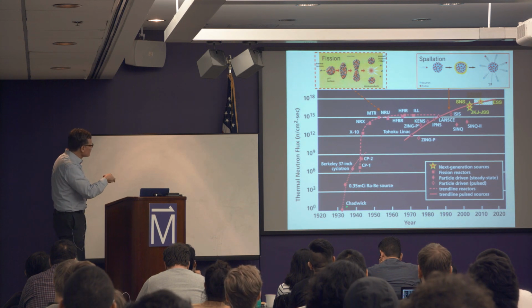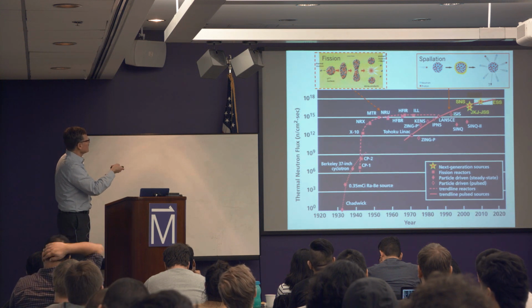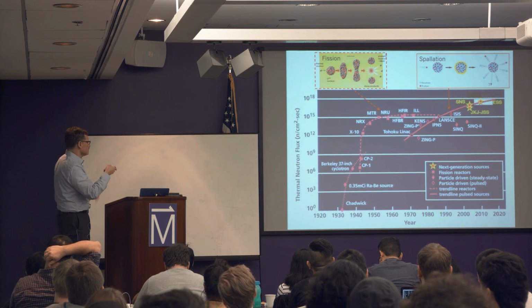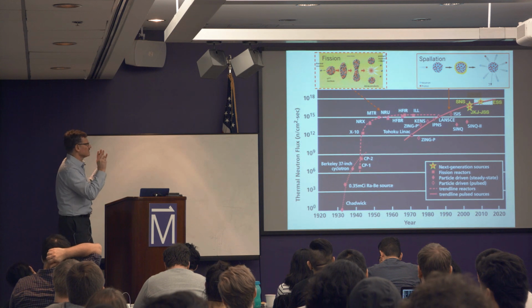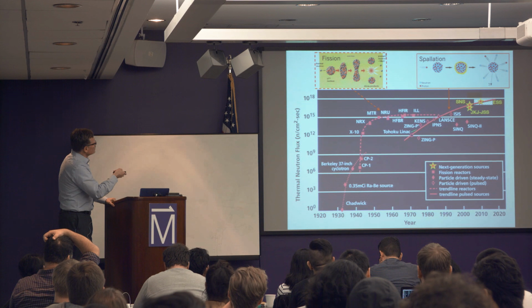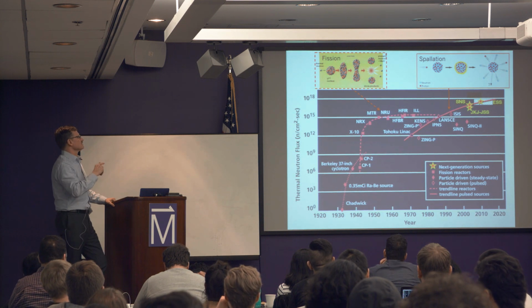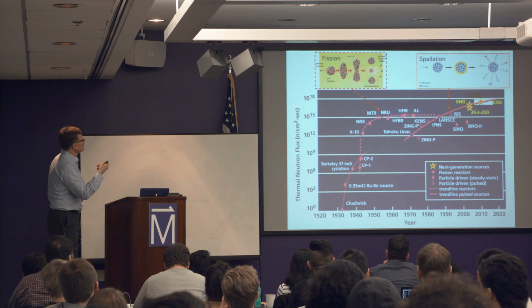But it has been developing over the years. This is the discovery of the neutron. These are high flux reactors, specialized reactors for neutron scattering experiments. And then here is a new line which came up when dedicated facilities based on spallation came into being.